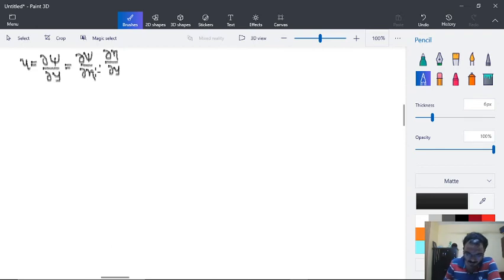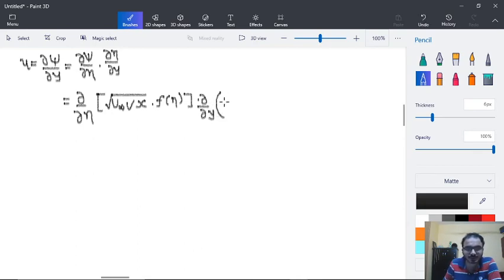And now here del over del eta into square root of u infinity nu into x into f of eta into del upon del y into, instead of eta we have already obtained the formula, which is y into square root of u infinity divided by nu x.